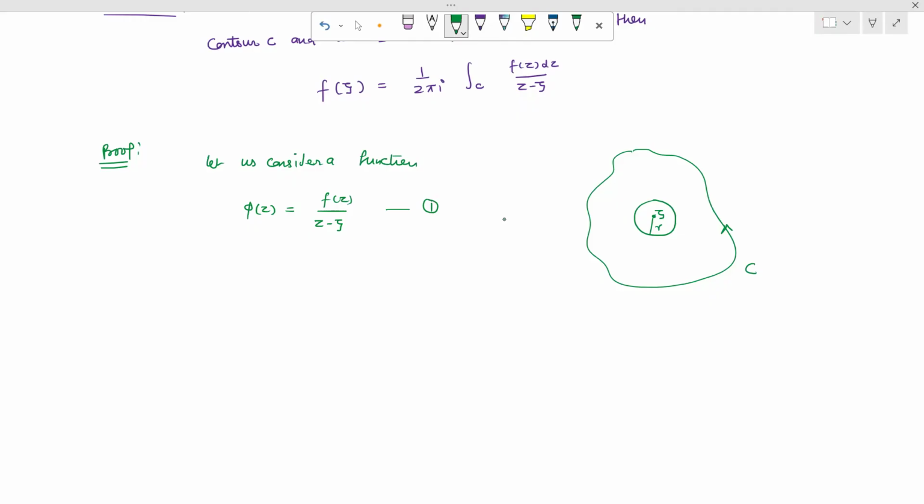This is equation number 1. This is the region. Now phi(z) is analytic in the shaded region, or we can say the dotted region.